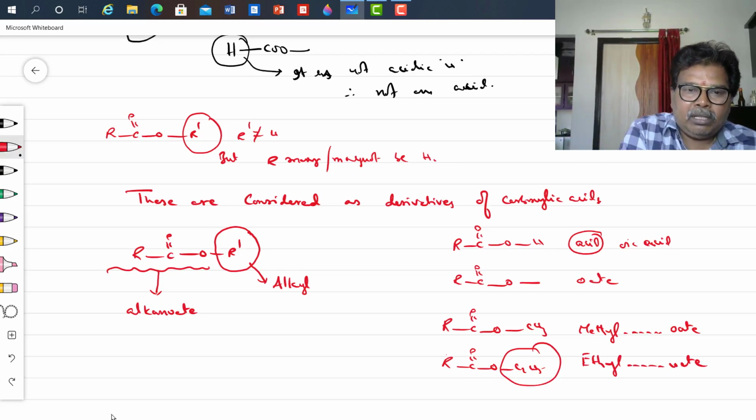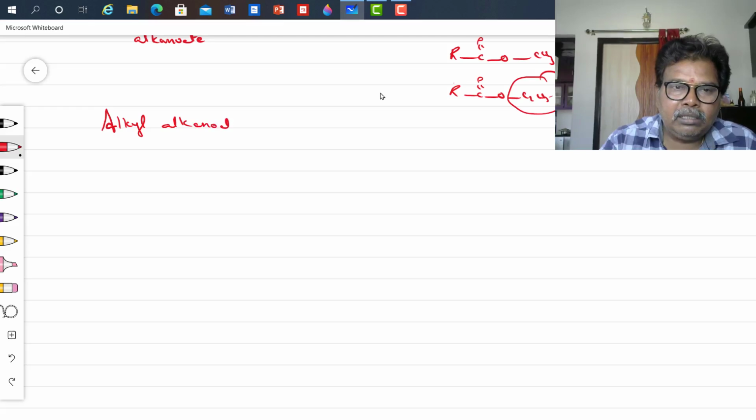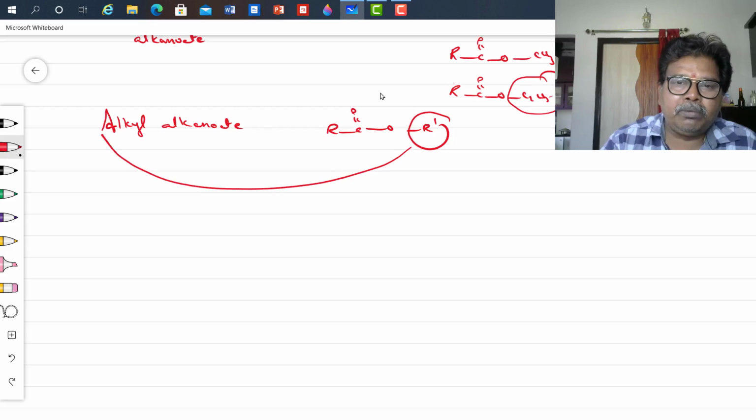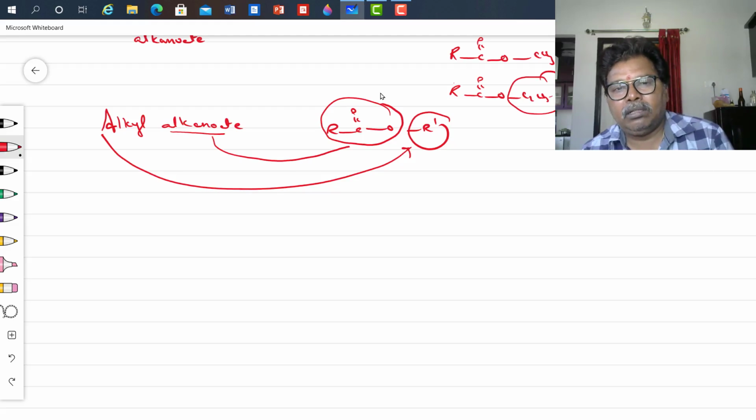Which means that the IUPAC name of the ester is alkyl alkanoate. So RC double bond O R dash: this is the alkyl group and the remaining part of the ester is called alkanoate.